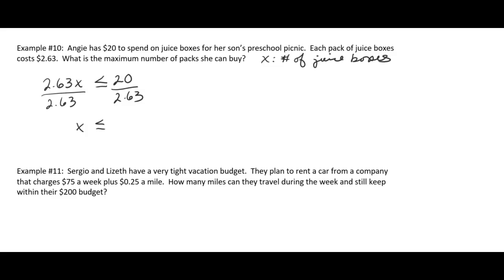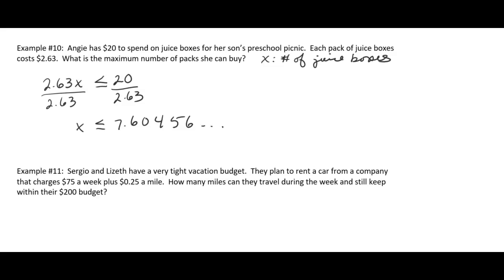I think we're going to get some kind of crazy decimal thing going on. 20 divided by 2.63. So I'm getting like 7.60456, blah, blah, blah. But I can't go over $20, or Angie can't go over $20. So x, the most number of juice boxes she can buy, is 7.